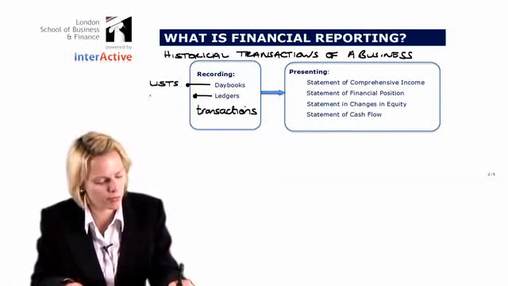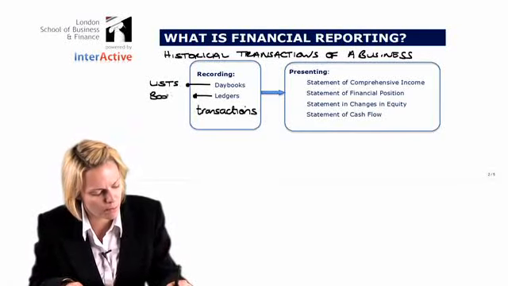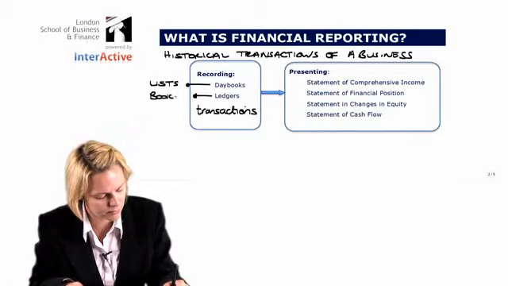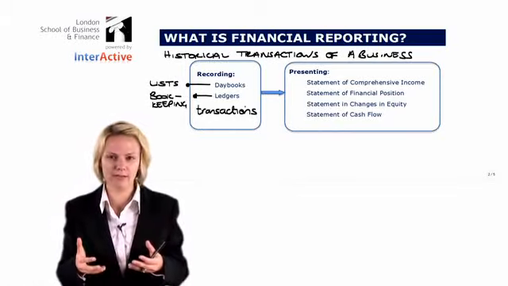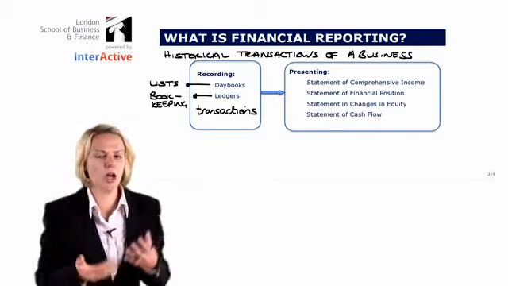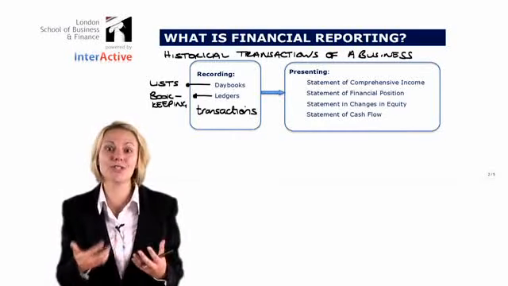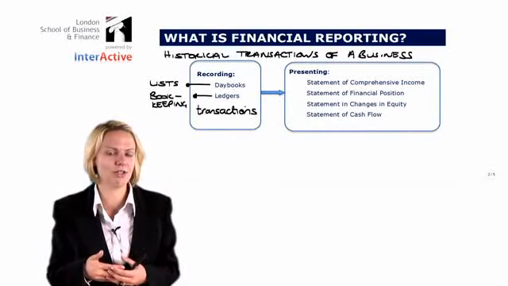And we do that through a process of bookkeeping, or double entry bookkeeping. So this is where we're going to learn about debits and credits and posting to double entry ledgers.